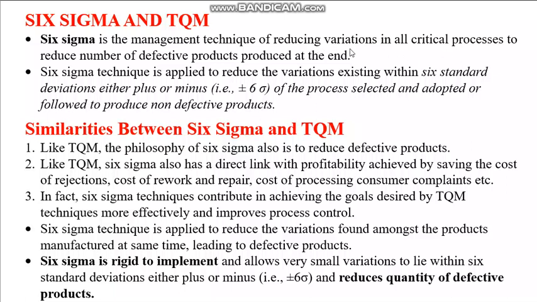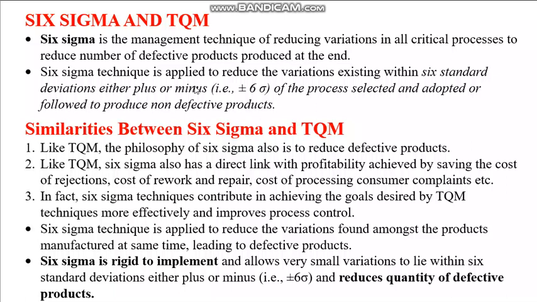By reducing variations, we mean that when we give design specifications, our machined components should conform to them. When we are checking this conformation, the variation should not be much. That is what we are trying to reduce in Six Sigma.